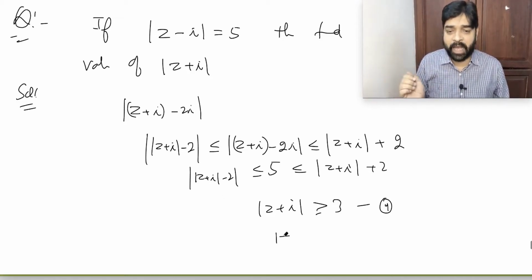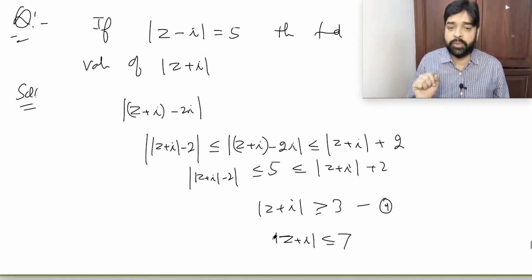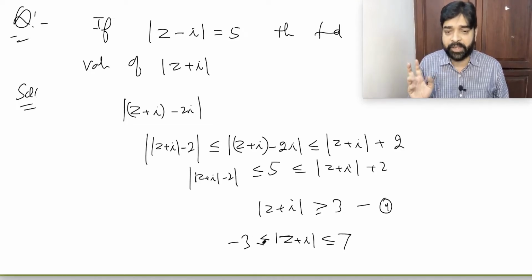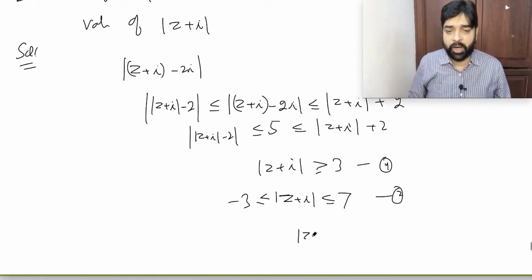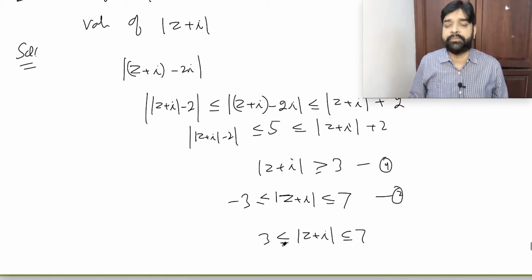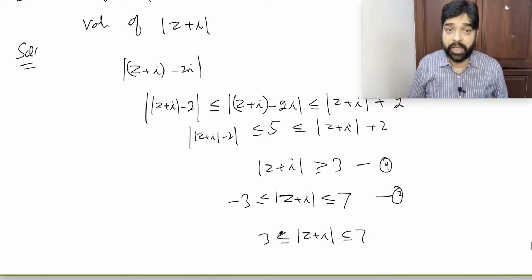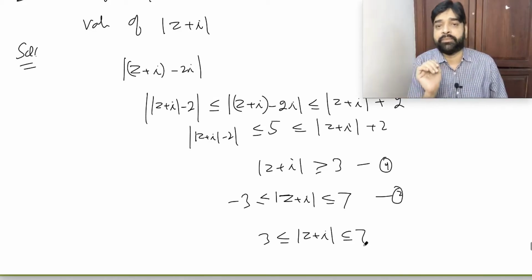So mod of z plus i will lie from minus 3 to 7. Yes. Now first and second, if you do it, you are going to get mod of z plus i less than or equal to 7 but greater than or equal to 3. So minimum value 3 and maximum value 7.